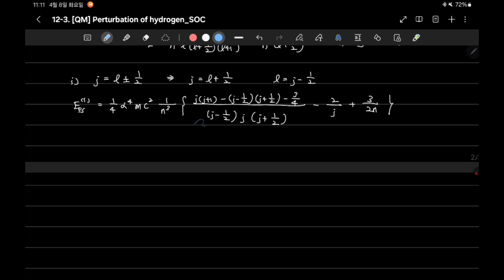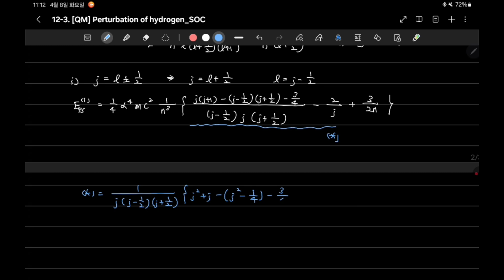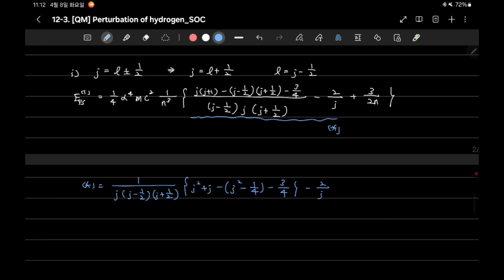Then we should calculate this term, star. Star is that the denominator is j minus 1/2, j plus 1/2, and the numerator is j square plus j square minus 1/4 minus 3/4 minus 2 over j.